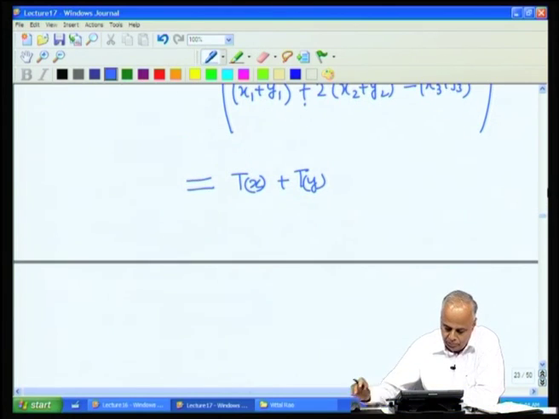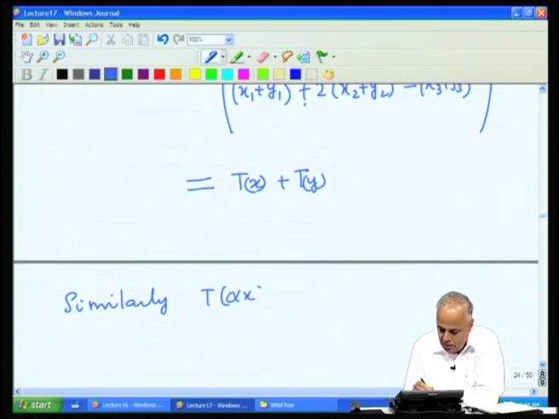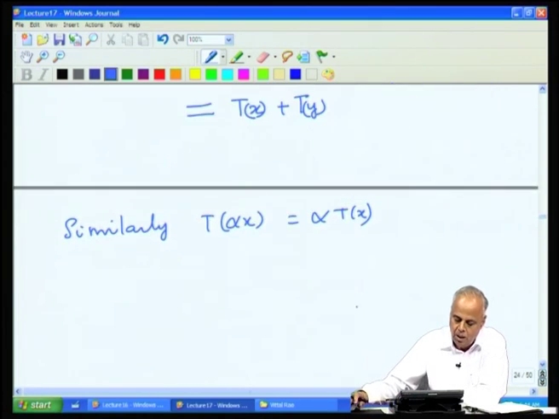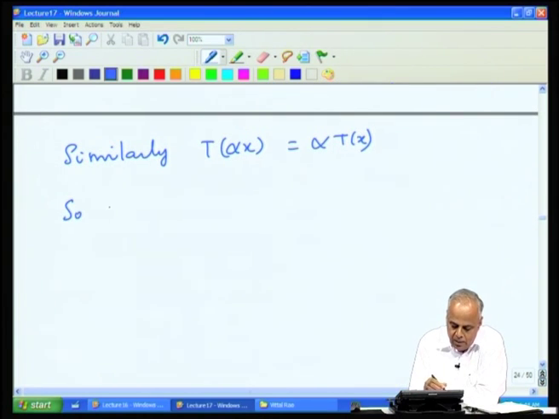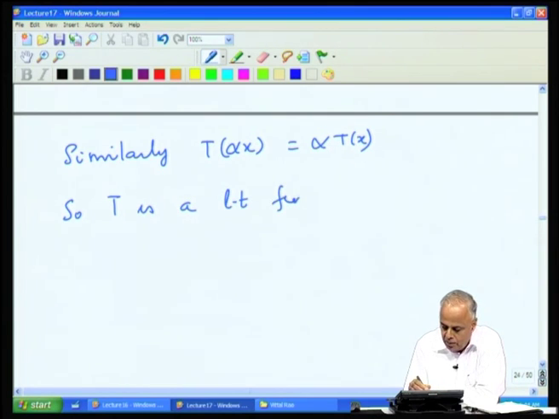Similarly, T of alpha x is equal to alpha T of x. So, T is a linear transformation from F^3 to F^2.